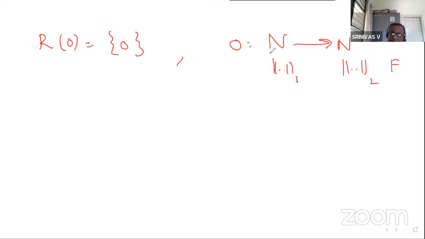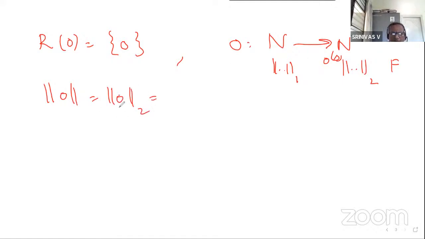Instead of norm 1 and norm 2, I hide these suffixes, because from the context we can understand whether we are taking norm 1 or norm 2. So let's look at the norm of 0. This 0 is the 0 in n dash, so I'm taking norm 2.